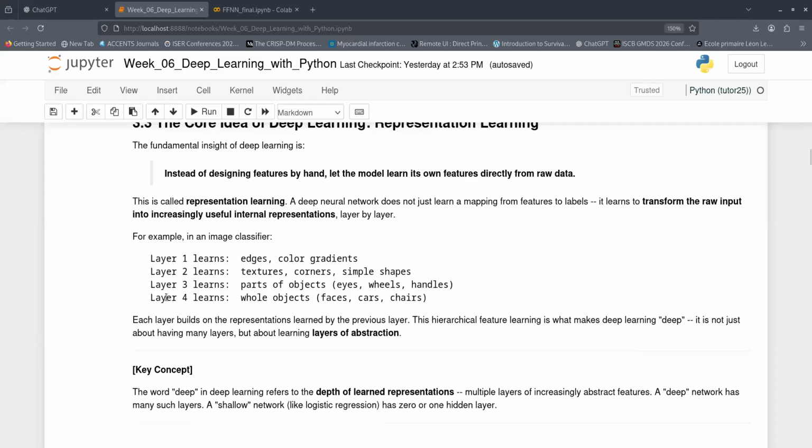So, like we have seen here, you have layer 1, 2, 3, 4. And for you to have the whole object, the faces, the cars, and the chair, you need to have the parts of the object. And before you need the part of the object, you need to see the texture, the corners, the simple shape.